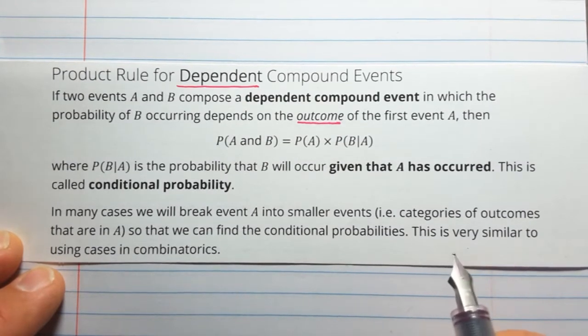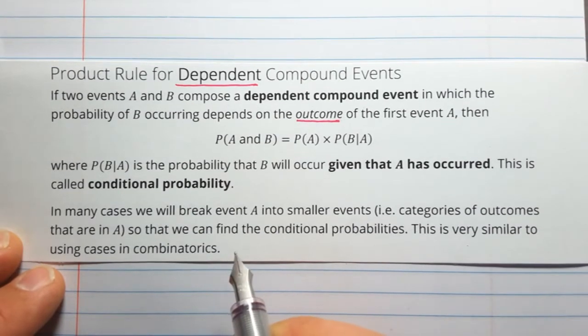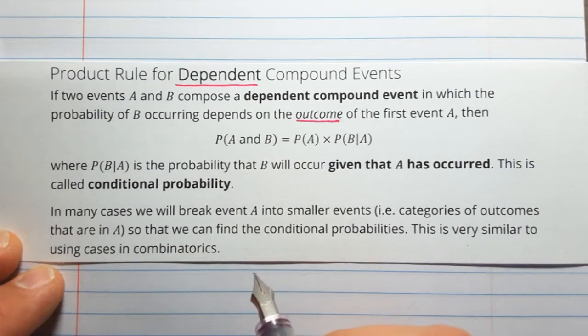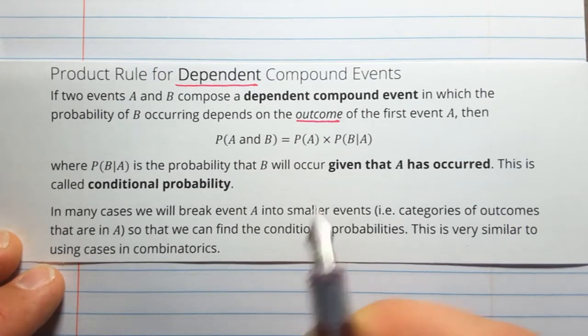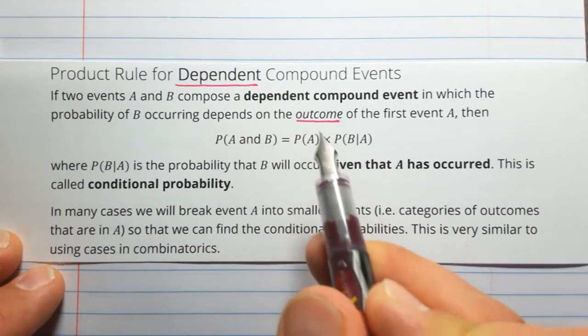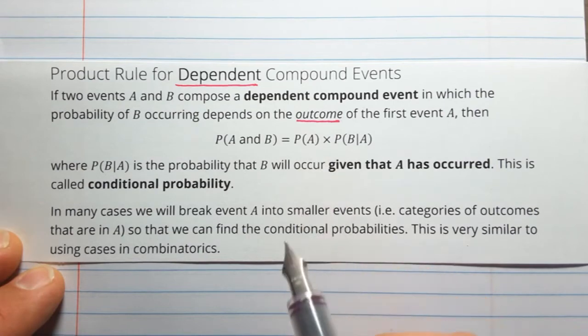And that's just the same as we did when we were counting in cases in combinatorics. If we realized we couldn't use the fundamental counting principle formula just once, we would use it multiple times on portions of our counting. We would organize our counting into separate little groups. The very same thing will happen here. We organize our little outcomes in the event A, the first event, into groups and we count based on those.